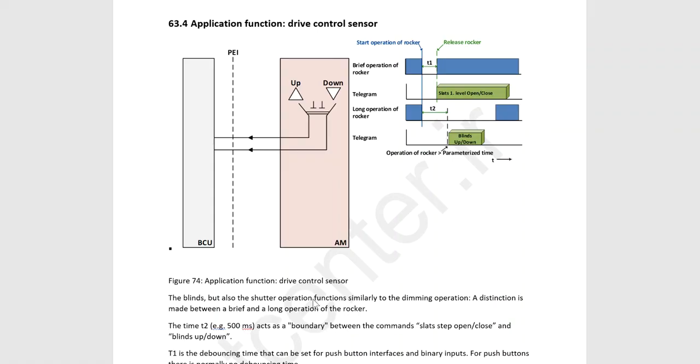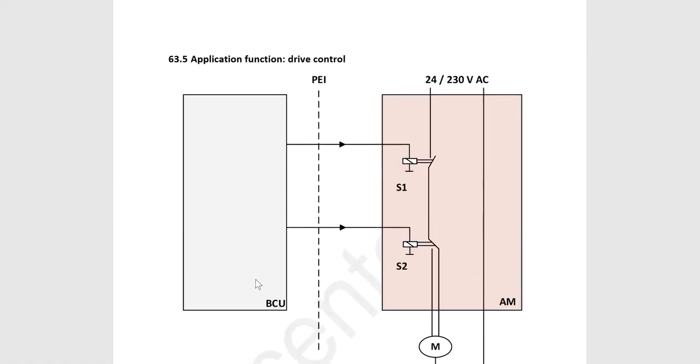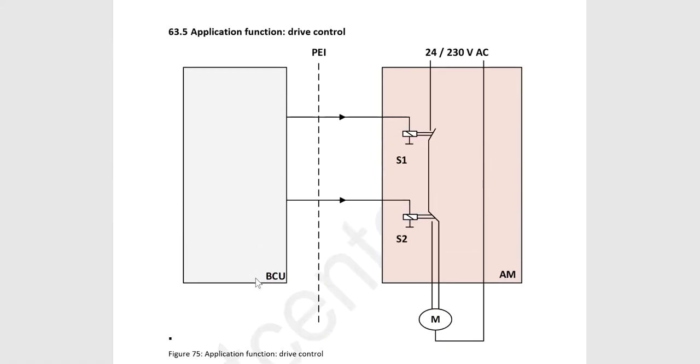It means when you power it up with 230 volt AC, it doesn't rotate 360 degrees. It rotates, for example, some degrees, like 30 degrees, because with a small movement of the motor, you can move the slats. And the book talks about the inside of the shutter actuator or blind actuator. They are almost the same.